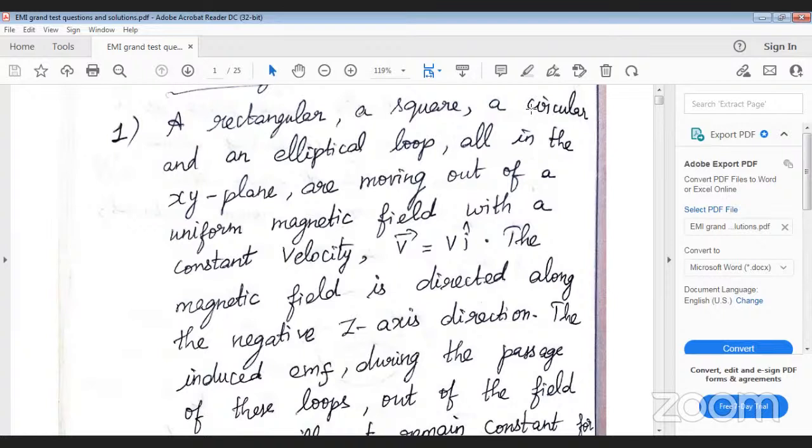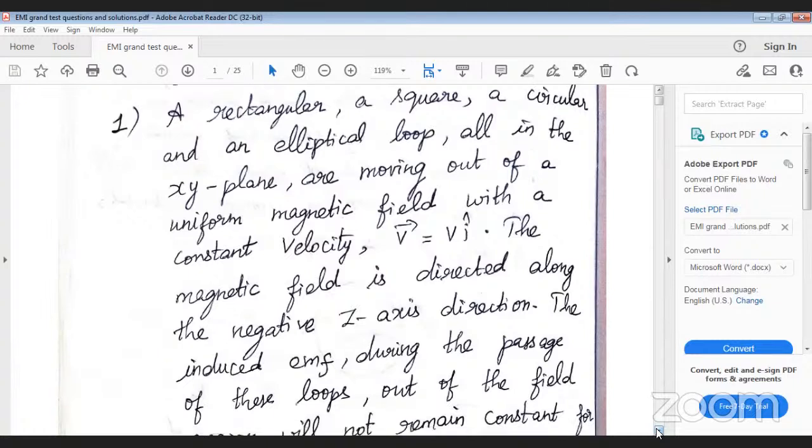So all four loops, rectangular, square, circular, and elliptical, move along the x-axis with this velocity vector v. And the magnetic field is directed along the negative z-axis direction.